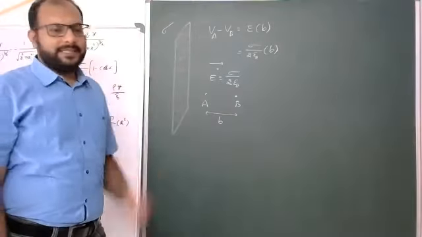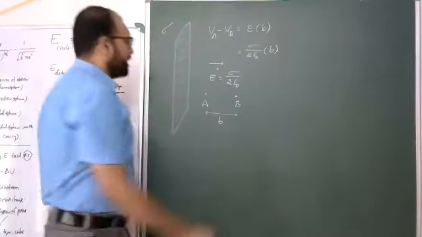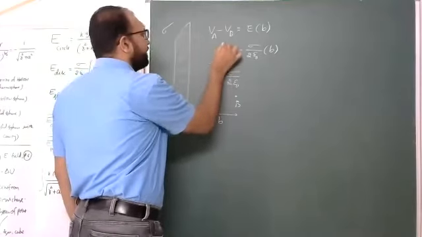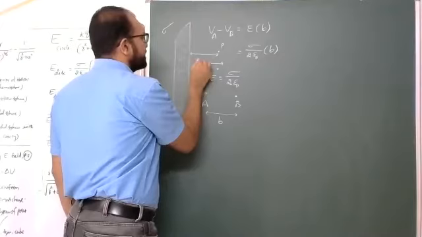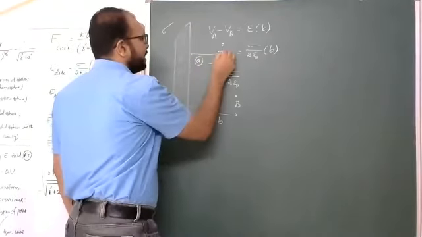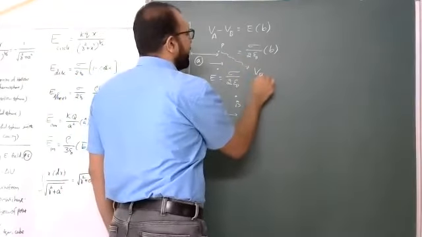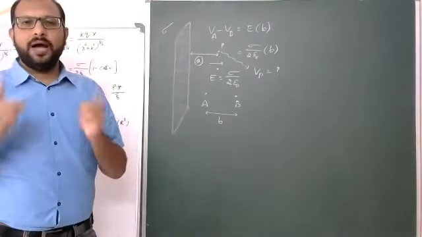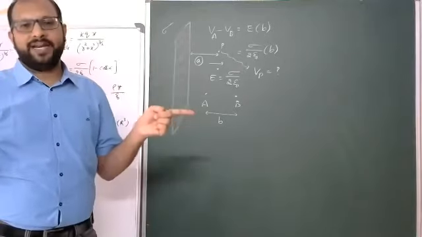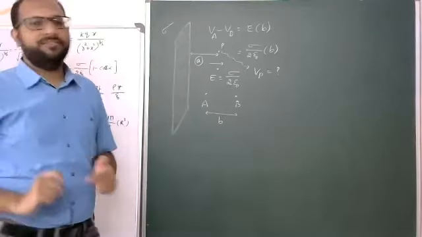Suppose the examiner gives one particular point P, at a distance small a from the sheet. Here the potential V at P equals question mark. Students, I already told you absolute potential can't be defined. That's why we use potential difference.